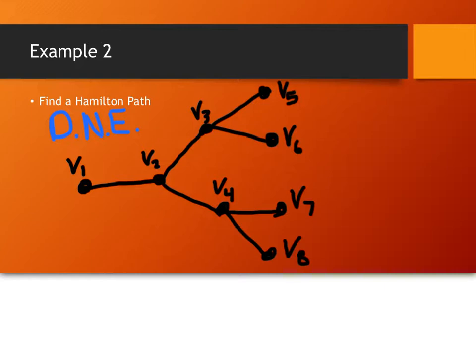You can understand that if a Hamilton path doesn't exist, a Hamilton circuit is not going to exist as well, because a Hamilton circuit means you would go back to the first one, so you'd have a sort of embedded Hamilton path inside there.